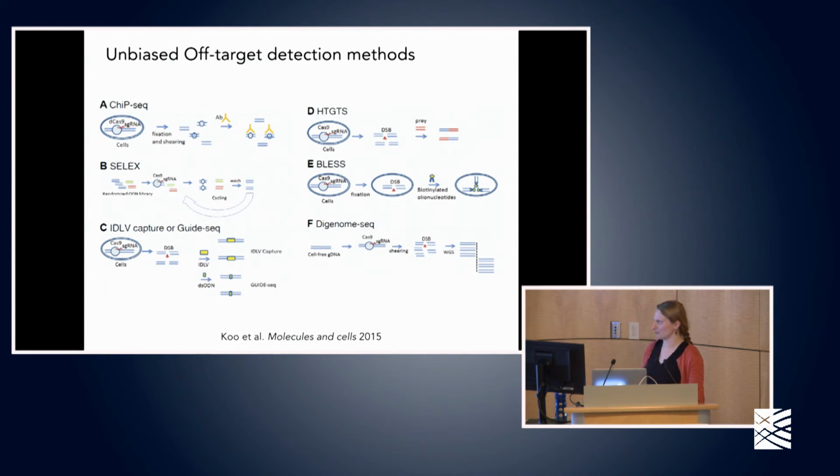You can do anything from sequencing to specifically pulling down double-strand break regions, capturing inserted sequences that are put in during repair of a double-strand break. A lot of these have their own pros and cons, but they all are effective ways to search for double-strand breaks in an unbiased whole genome fashion.